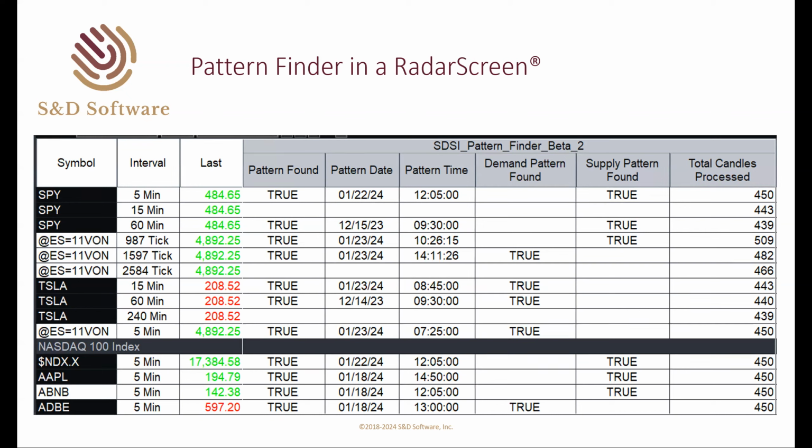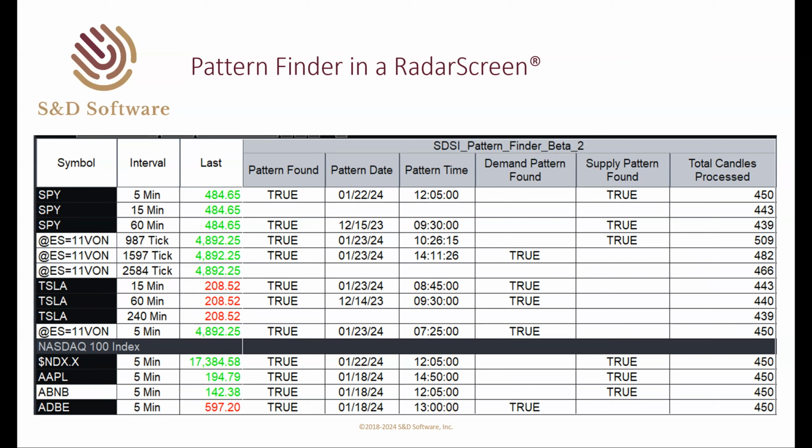And so it's easy for us as humans to just be able to look across and see what kind of a pattern was found. We don't need another setting to tell us that a pattern was found. We can see that we're getting a pattern date, a pattern time, and then either demand pattern found or supply pattern found will show up.